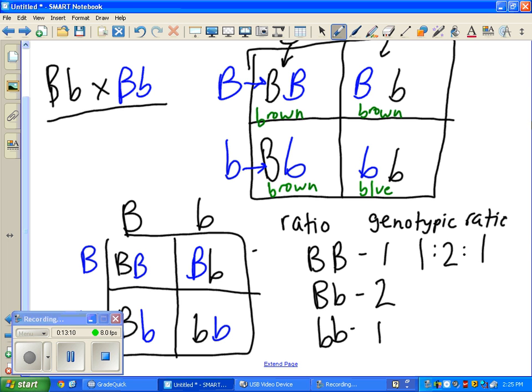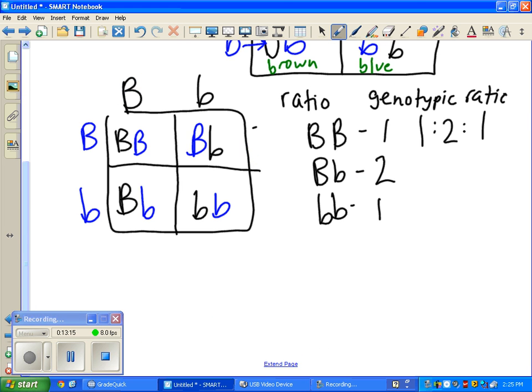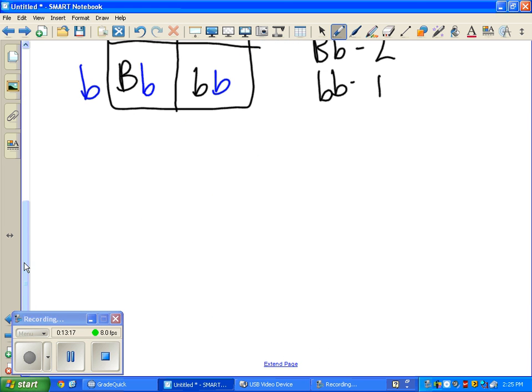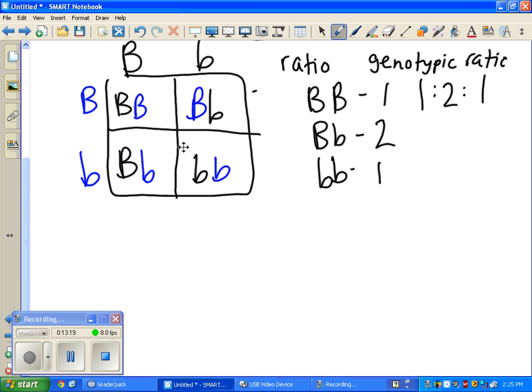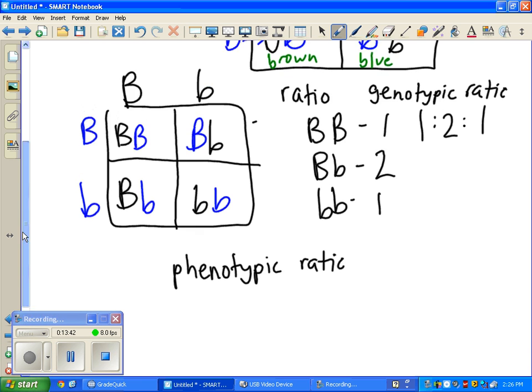All right? So if we wanted to do a phenotypic ratio, notice this Punnett square right here is also two heterozygotes. We first write down all the phenotypes that we have. So let's review this one up here.